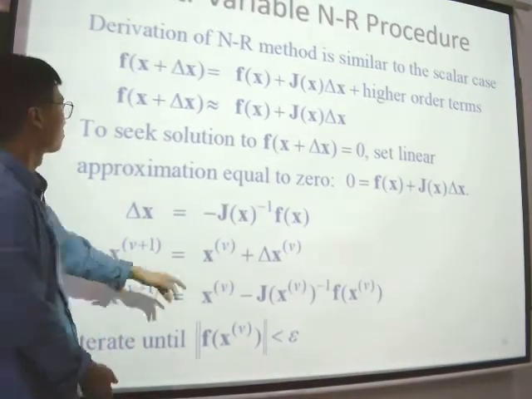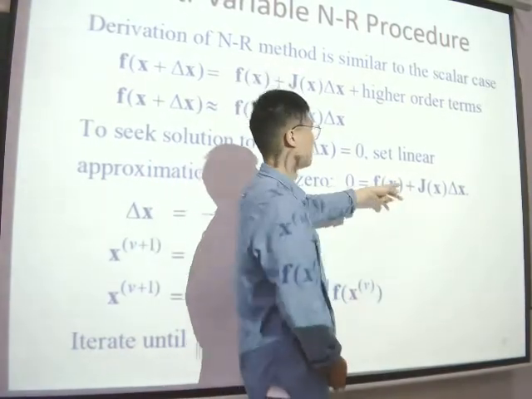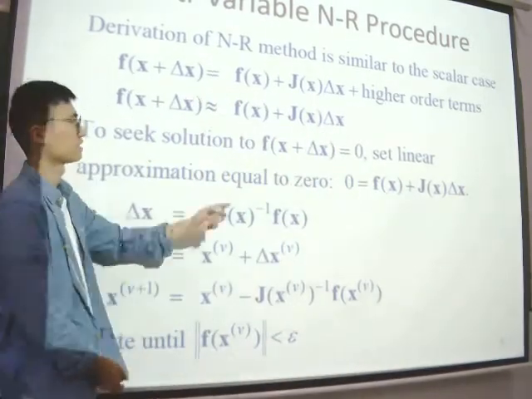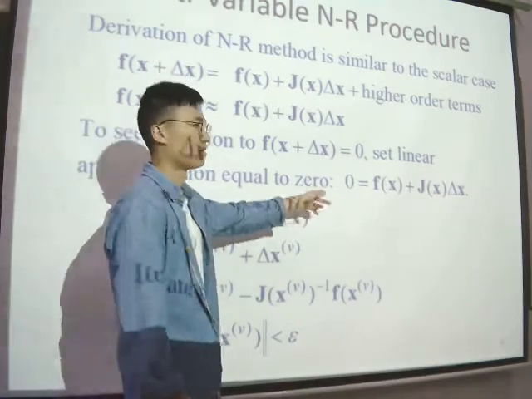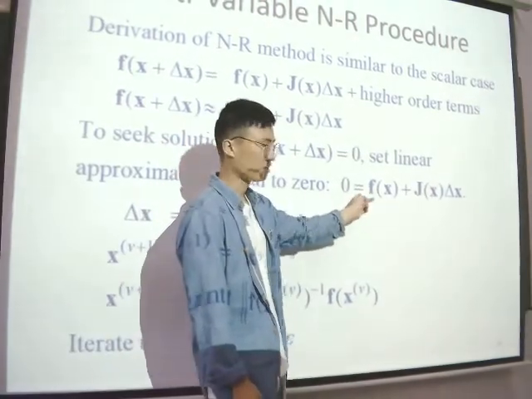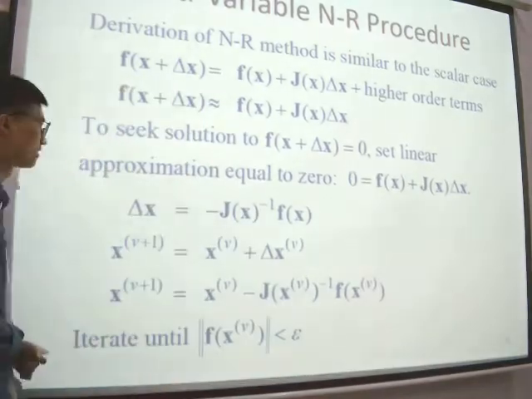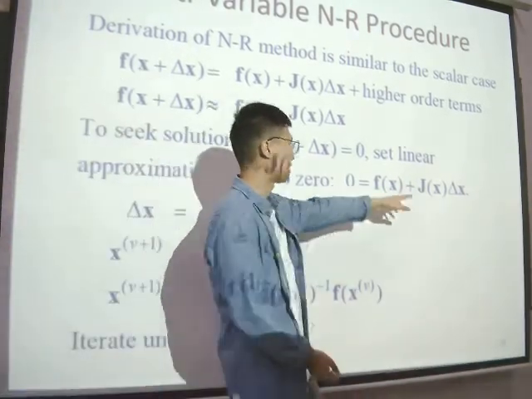So we'll replace f(x) with f(x) plus the Jacobian J(x) times delta x, like this. And then here is our corrective equation. We'll apply some transformation and get this delta x.